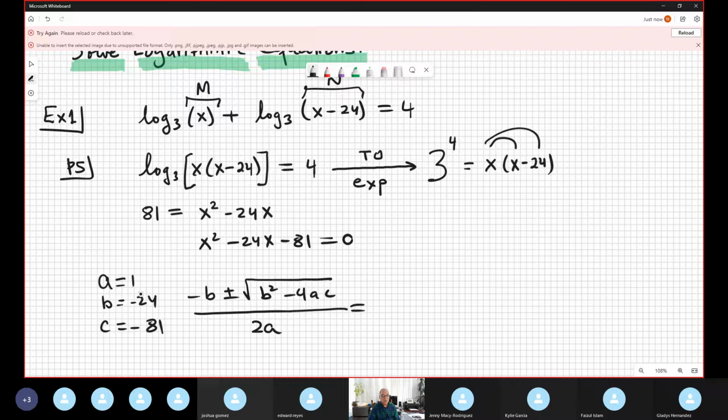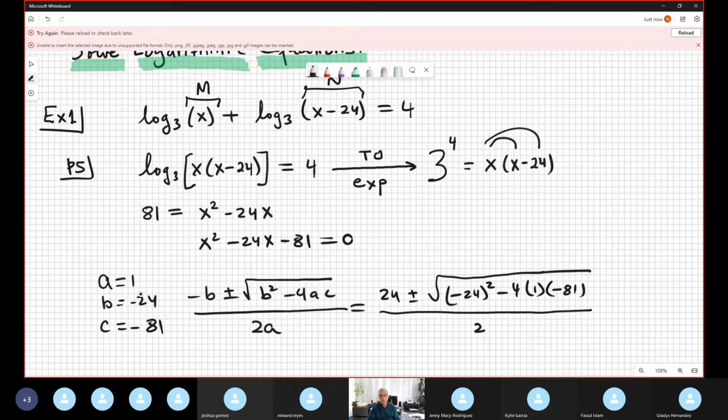In our specific example, 24 positive, double negative, plus or minus the square root of negative 24 squared, which becomes positive, minus 4 times 1, which is A, times negative 81, which is C, and the whole thing divided by 2 times 1. We focus 100% on the computation of the expression inside the radical.